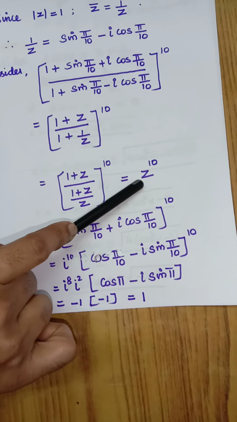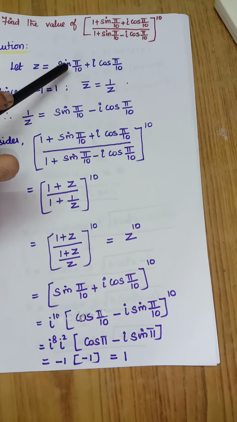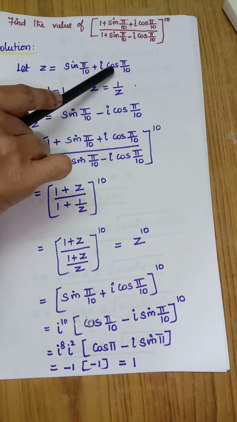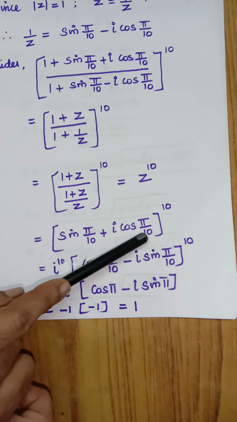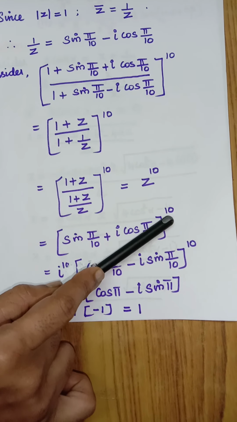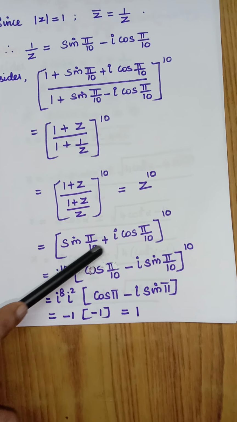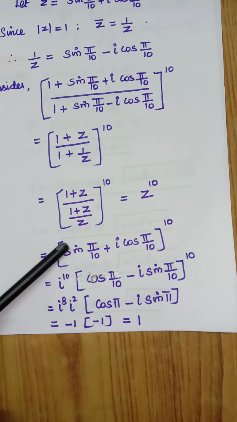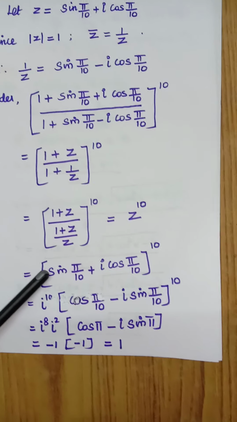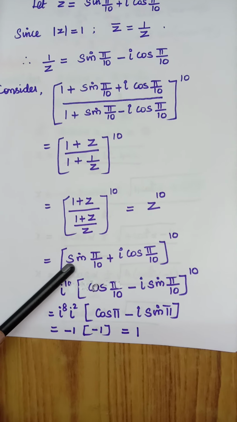What is Z? Z is nothing but sin pi by 10 plus i cos pi by 10. So I have written here the whole power 10. So you can apply De Moivre's theorem. Look at this, the first term, the real part, is in terms of sine.